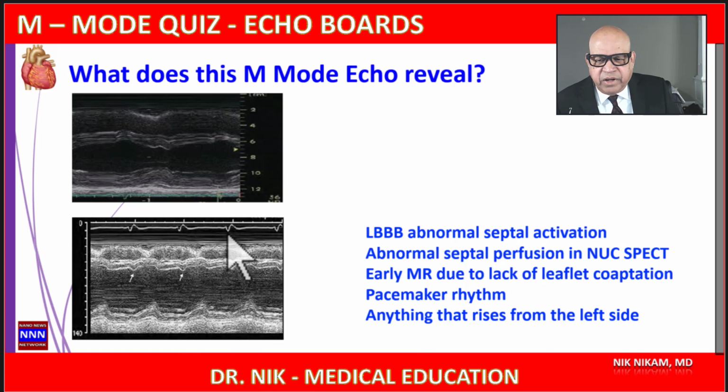Patients with the left bundle branch block, in addition to having this abnormal septal motion, which creates an inadequate cooptation of the mitral leaflets, can lead to early mitral regurgitation.